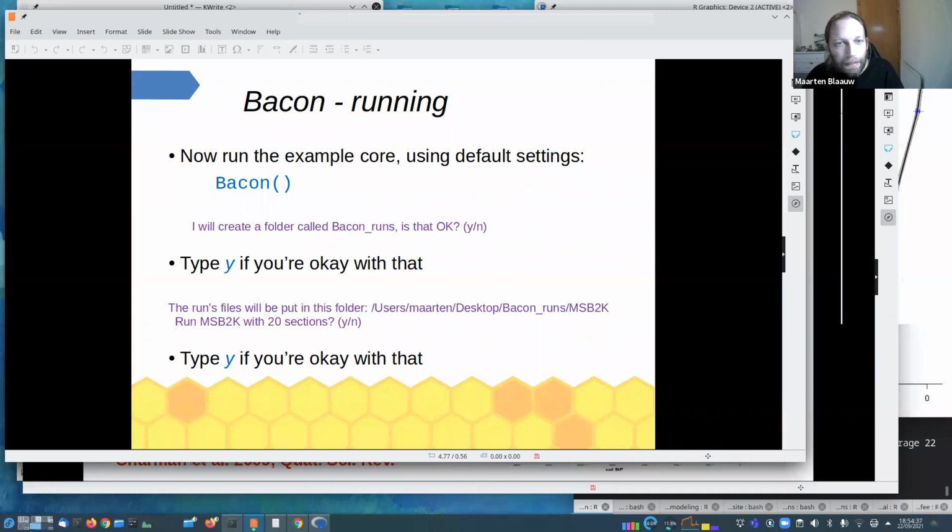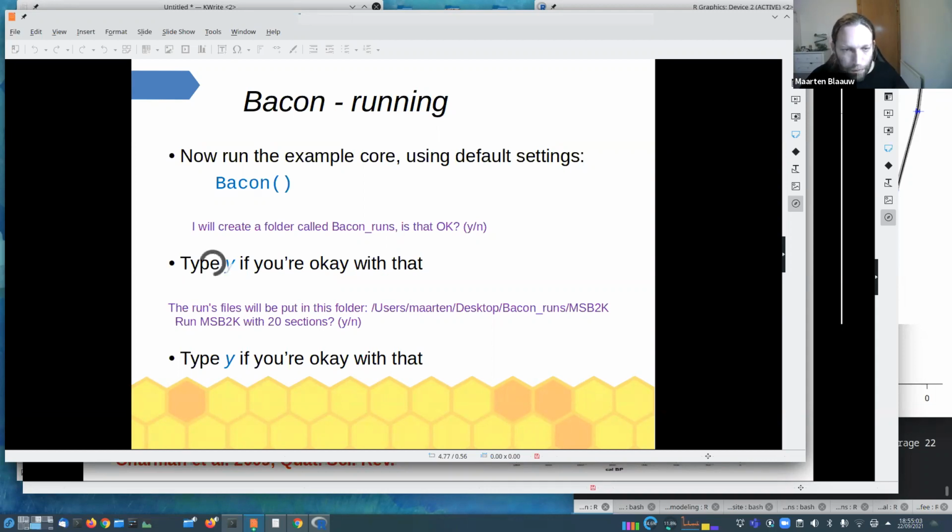And then you run Bacon by the Bacon command, capital B, Bacon. The first time it runs, it will ask you whether it's okay to produce a folder called Bacon_runs, and it will put that in the folder where R is working at the moment. And if you're okay with that, you simply press enter or type Y and enter.